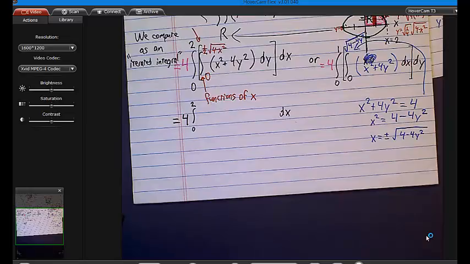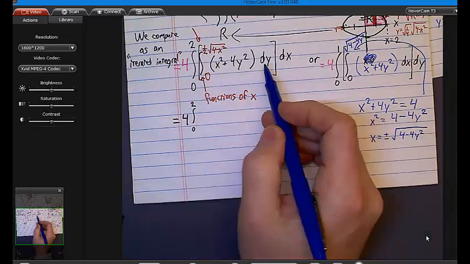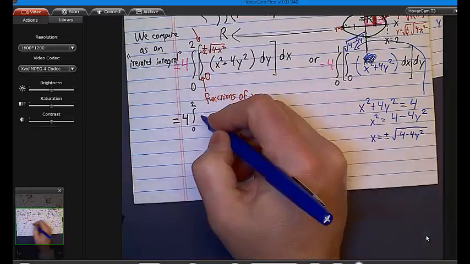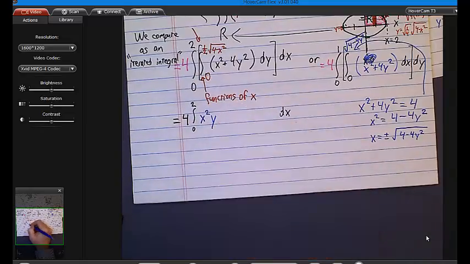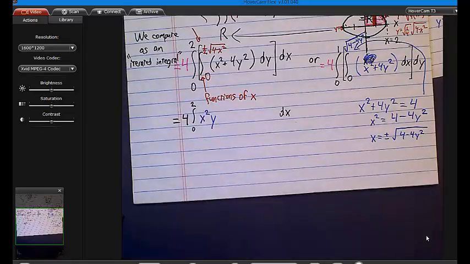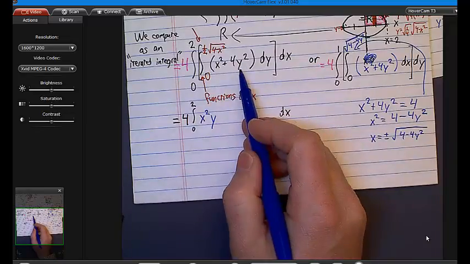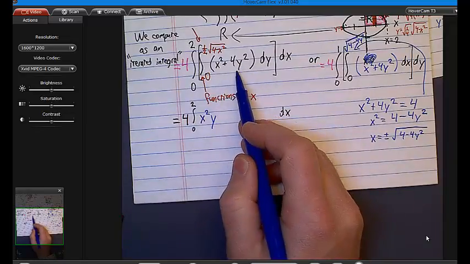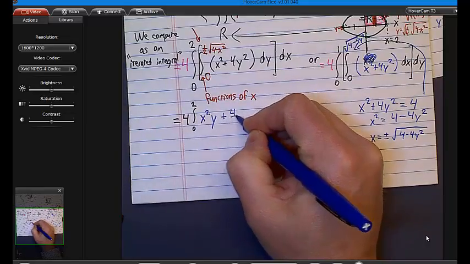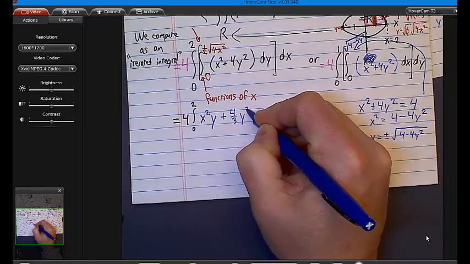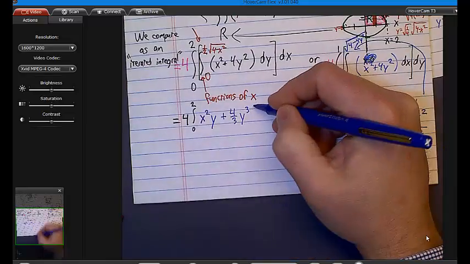So when I integrate that function with respect to y, what do I get? Well, x squared, you treat that as a constant, so it's just x squared times y. If you had a 4, it would become 4y. If you had a 7, it would become 7y. But here, this piece has y's in it. So do you know what I'm going to write here? Plus, good, 4/3 y cubed. And then I'm going to draw my line.